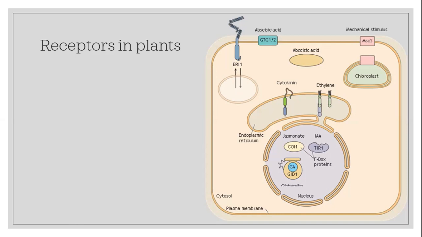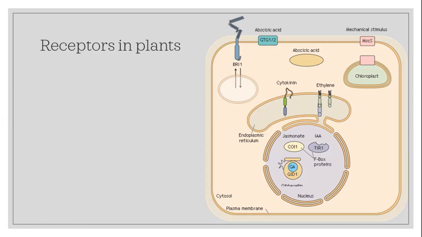This IAA molecule will directly come and bind to this receptor, and this will bring about changes in the receptor, and that will ultimately bring about changes in other molecules, and ultimately lead to up regulation or down regulation of genes in the nucleus. So this is an example of intracellular receptors like the TIR1, COI1, or even GID1 for gibberellin. These are the receptors which are present inside the cell.